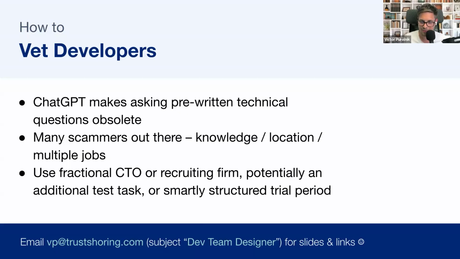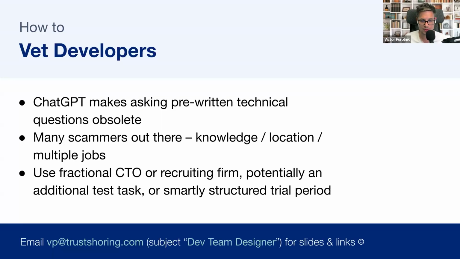And that, unfortunately, is broken. That process is completely broken. So there's a lot of scammers out there, and you need to understand how to get rid of those. So I would always get a friend or a fractional CTO or a recruiting firm or anyone to do deep technical vetting. If you do that and you start to drill, you can really get there very fast.